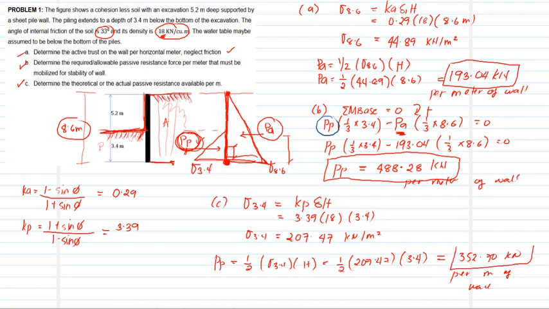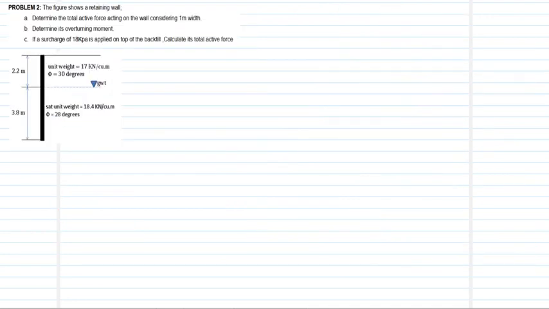So, this will be now our answer in letter C. Okay? So, for problem number 1, letter A, ito yung sagot natin, letter B, and letter C. Okay? So, let's move on doon sa ating second problem natin.